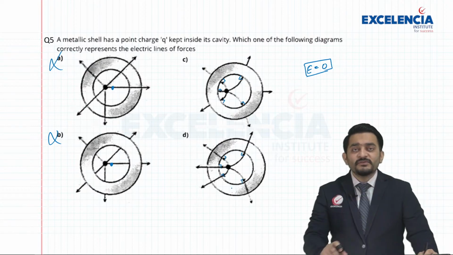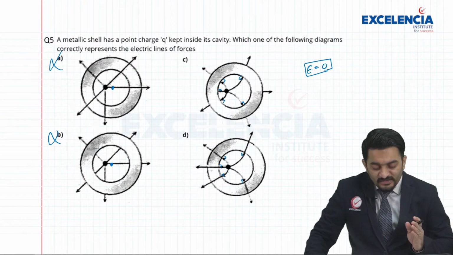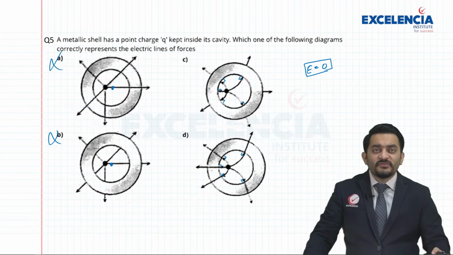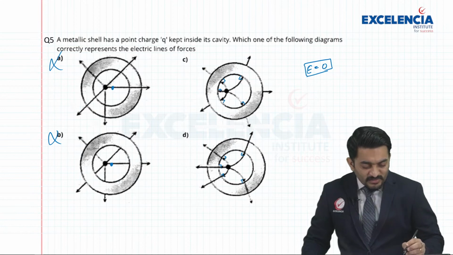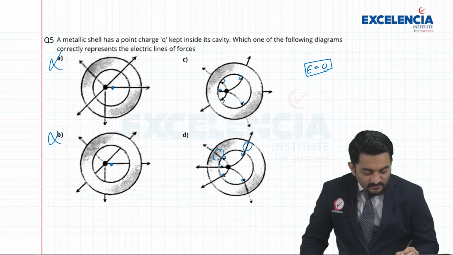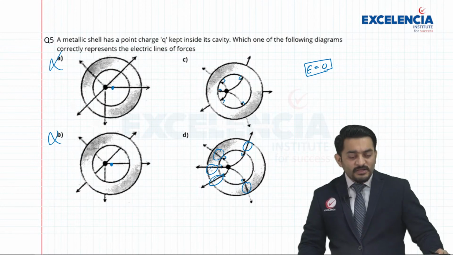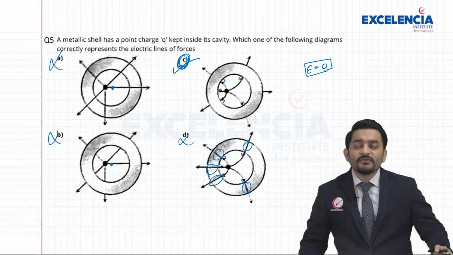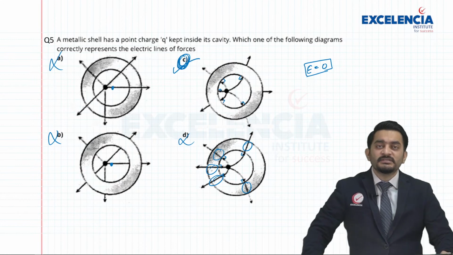But in one particular option they have shown electric field lines traveling inside. But we know that electric field lines can never exist there, because the electric field inside the shell is 0. So this particular part where they have drawn the electric field line inside the shell is not correct, so we will discard this. The correct option for this question number 5 is going to be my option C.